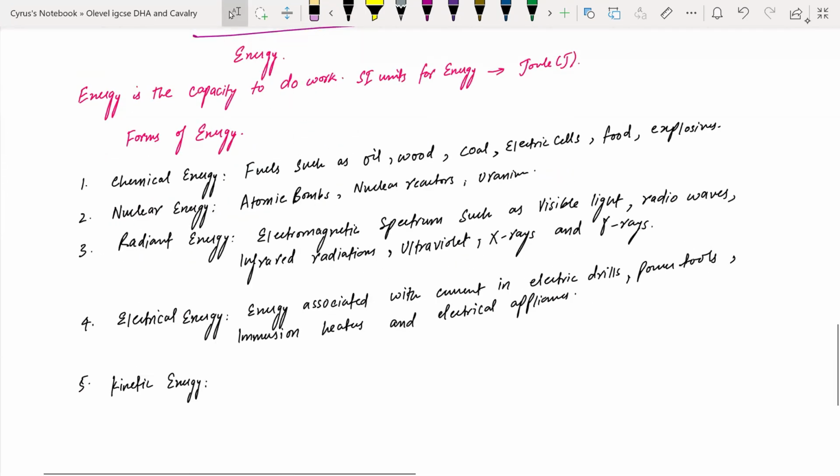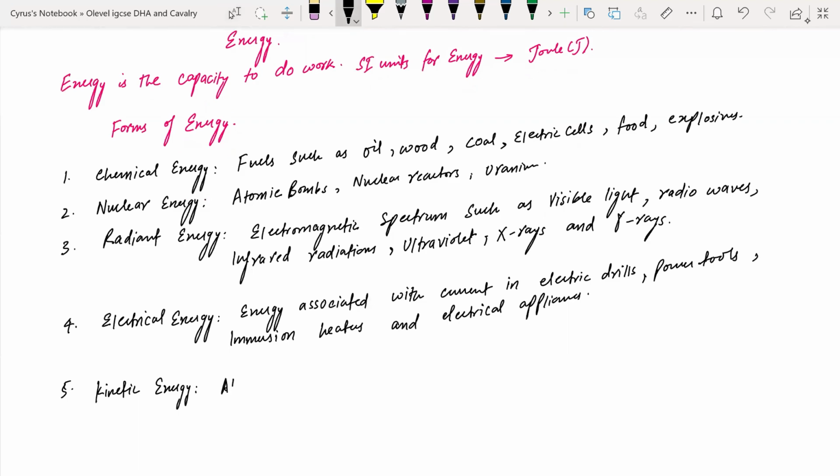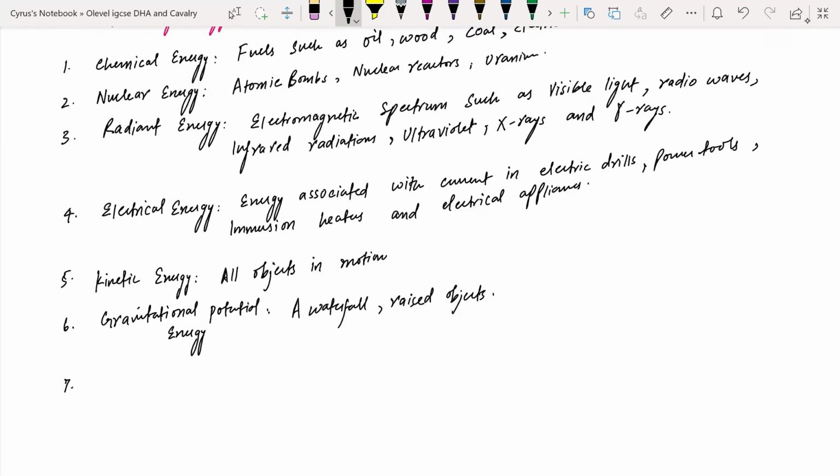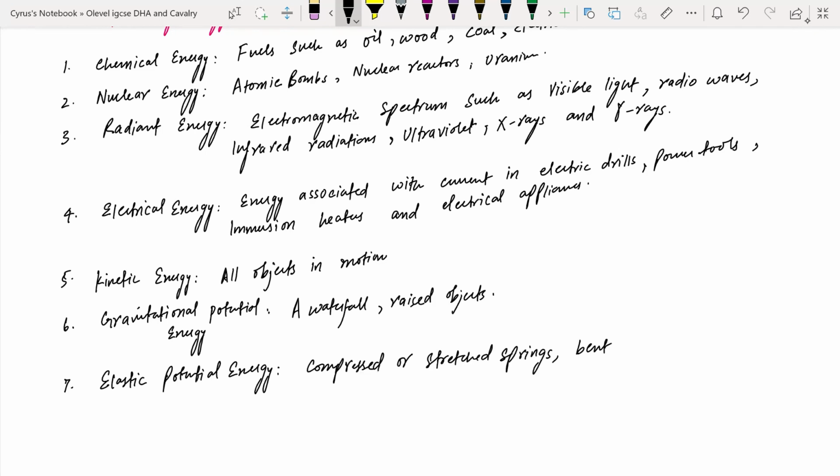Okay, regarding kinetic energy, all objects in motion have it. Gravitational potential energy is for raised objects, like a waterfall. Number 7, we have elastic potential energy. So we have compressed or stretched springs, the bent condition of a diving board, the stretched elastic band of a catapult.